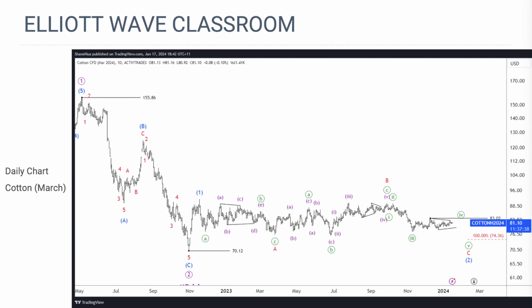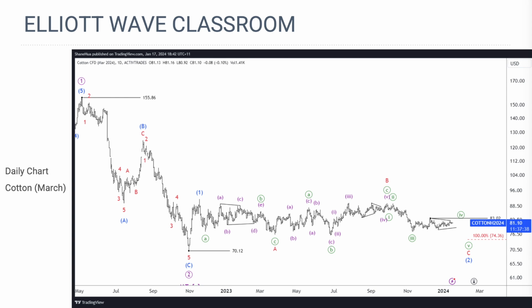In a smaller context, I see wave 2 intermediate blue down as a flat correction, 335. At least I've seen wave A and wave B seem to be complex. And now it's time for wave C to drop lower, and wave C must be bearish with a motive wave, maybe an impulse wave.